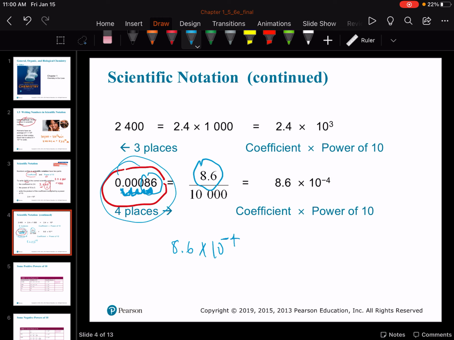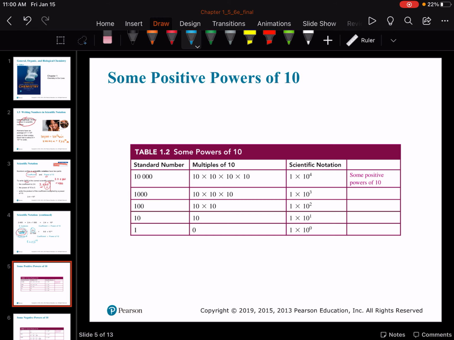Okay? All right, so here are some explicit examples of powers of 10. If we have 10,000, can you see that that's the same as 10 times 10 times 10 times 10? It's the same thing, right? So this is 1 times 10 to the 4, or sometimes people simply write 10 to the 4. 1,000 is the same thing as 10 times 10 times 10, and so that's 1 times 10 to the 3.